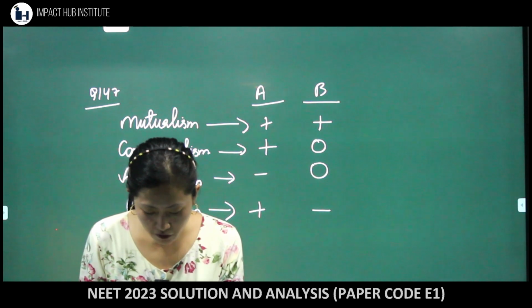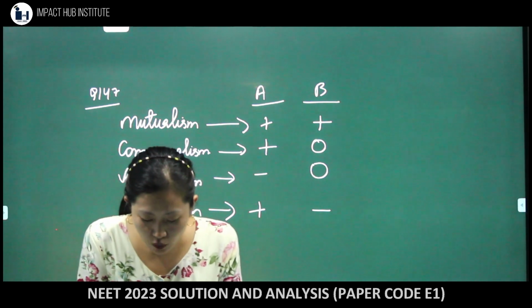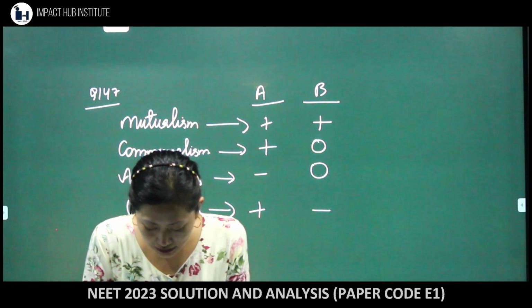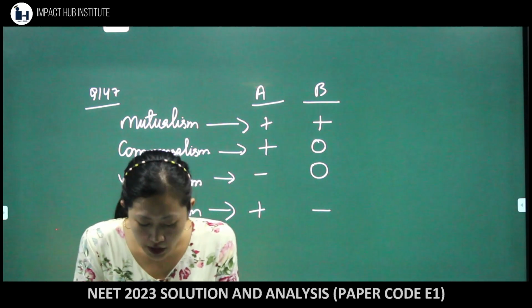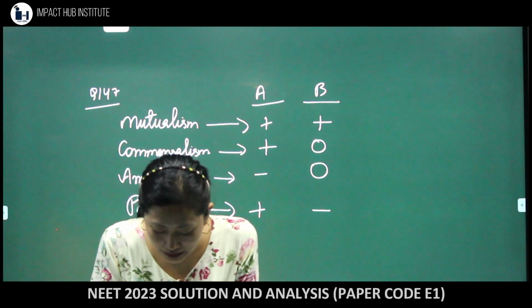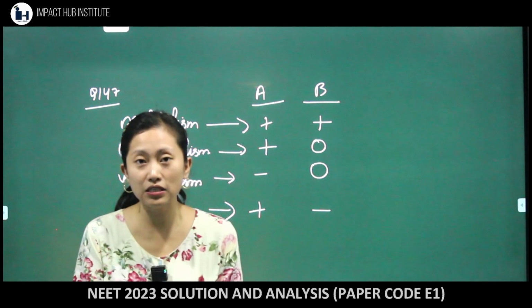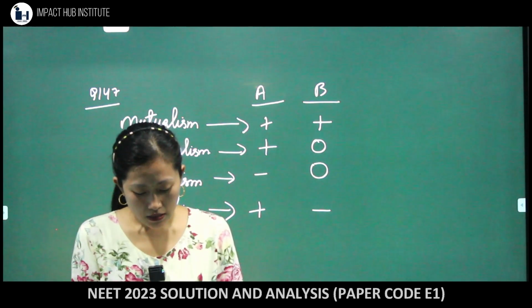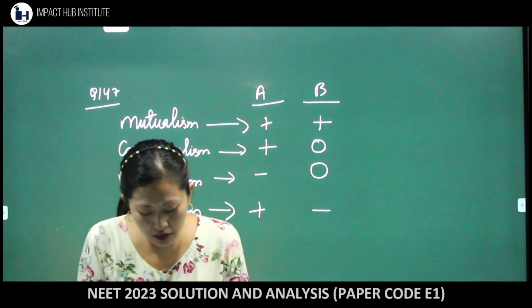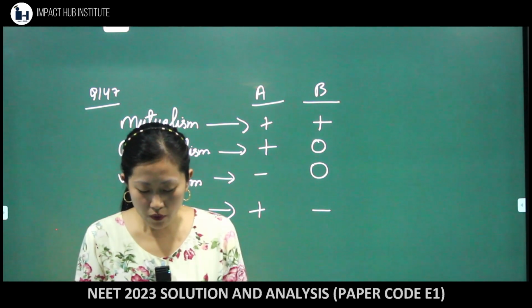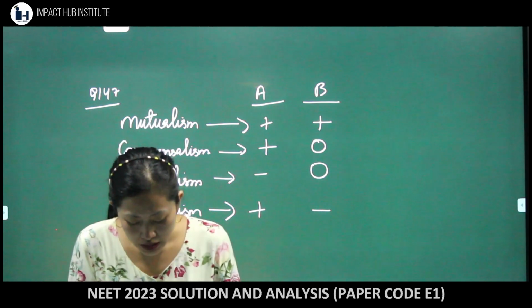Question number 148, it says statement 1, Gause's competitive exclusion principle states that two closely related species competing for the same resources cannot coexist, and the competitively inferior one will be eliminated eventually. That is correct. Statement 2, in general, carnivores are more adversely affected. This is incorrect because the correct one should have been herbivores.